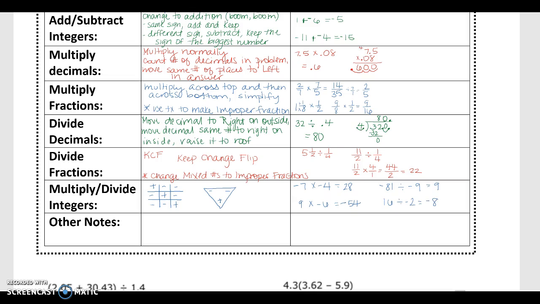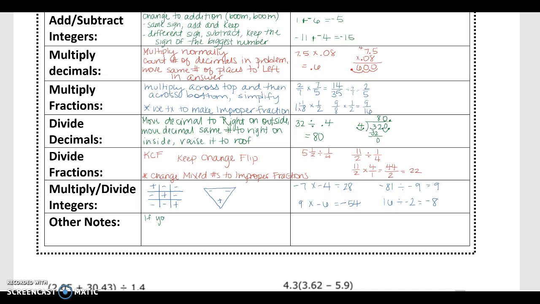Okay, so some other notes. I just wanted to remind you guys about adding and subtracting fractions: sometimes there's a situation where you have to borrow from the whole number. So let's just make a note on that.